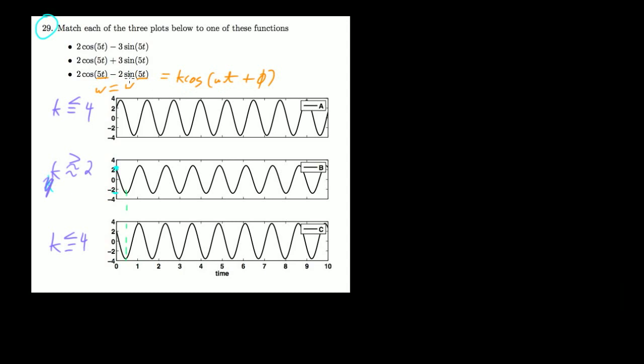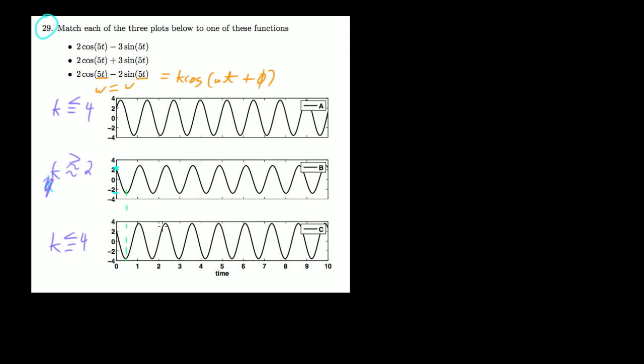I can factor in how the sine contributes to the cosine and account for it as varying my amplitude and varying my phase shift. But the omegas are the same. Because I have the same omega on the cosine as on the sine, I know my omegas are going to come out the same here. And for all of these problems, omega is 5.